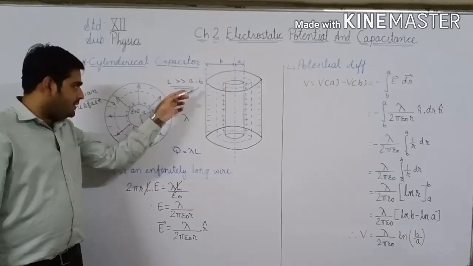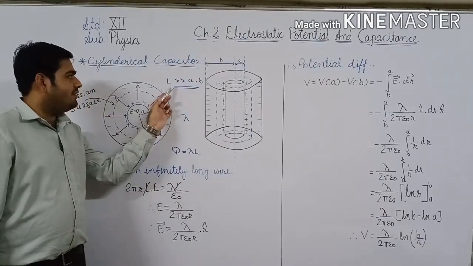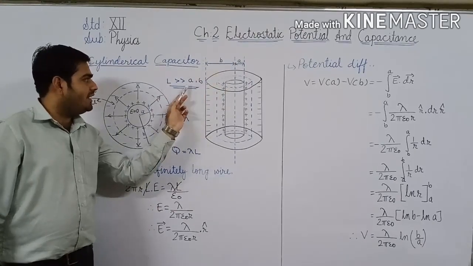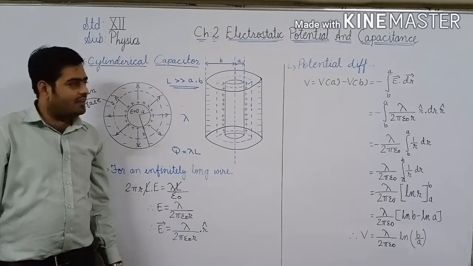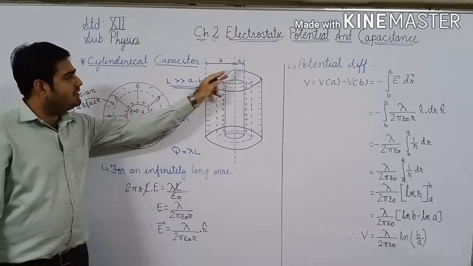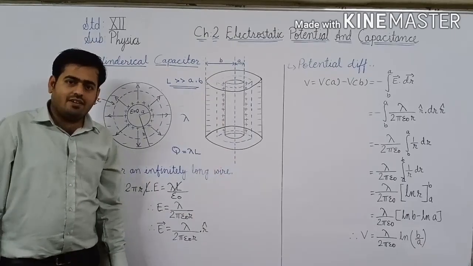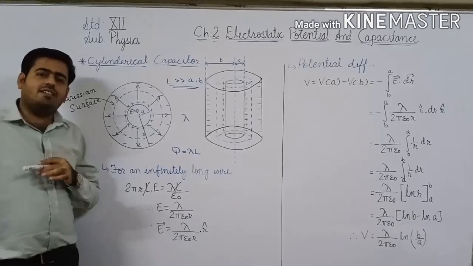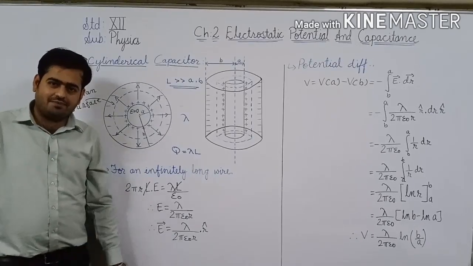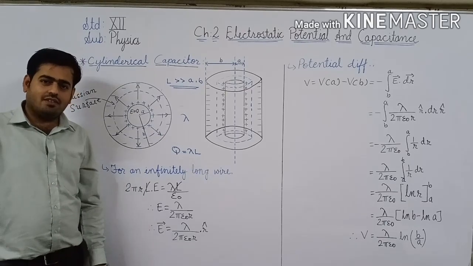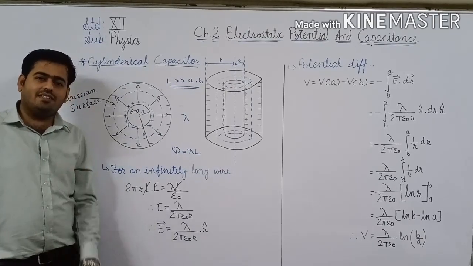Here the length of this cylinder is very much greater than the radius of cross section A and B. When this length is very large in comparison to A and B, then we can think of a uniformly charged infinitely long wire. That is nothing but the first application of Gauss's law, and that we have already studied in chapter number 1.